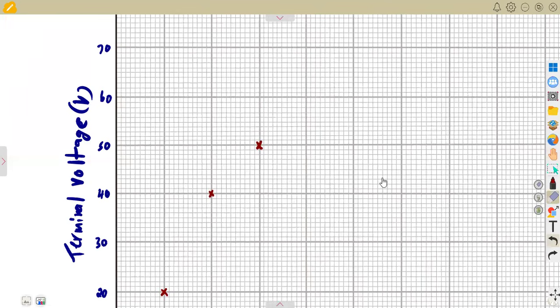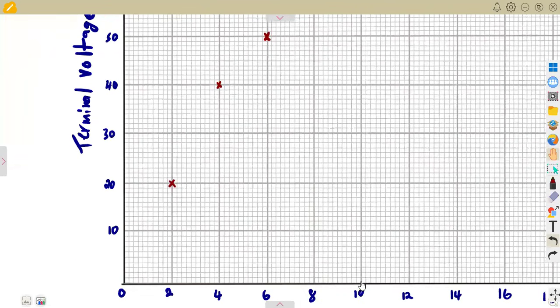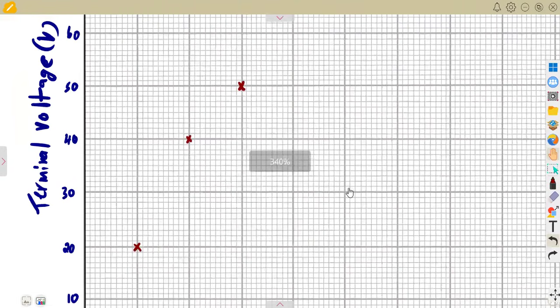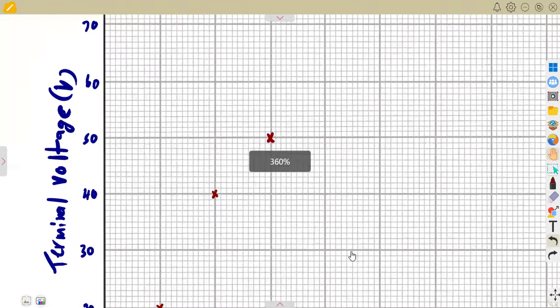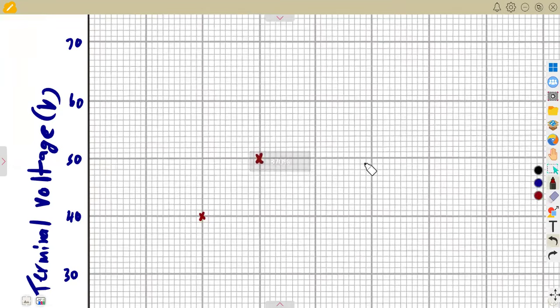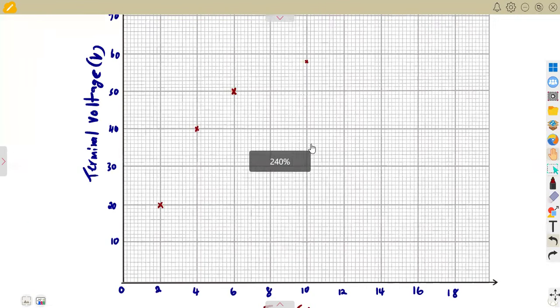This is 8, 10, so we are skipping 1 box to 10. So this is 10, guys. 59, 58, somewhere there. All right. That is 10 versus 58. You do the same thing.